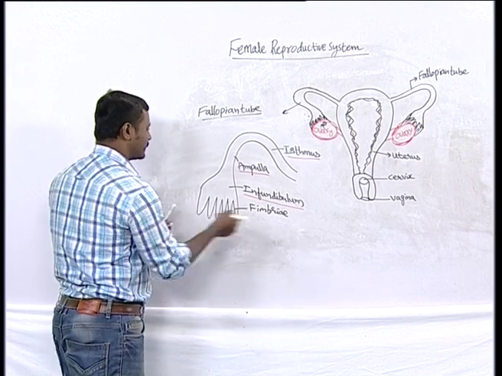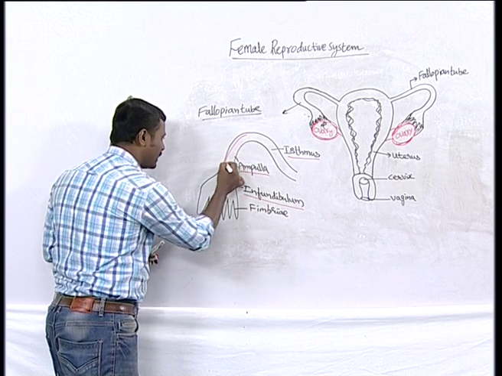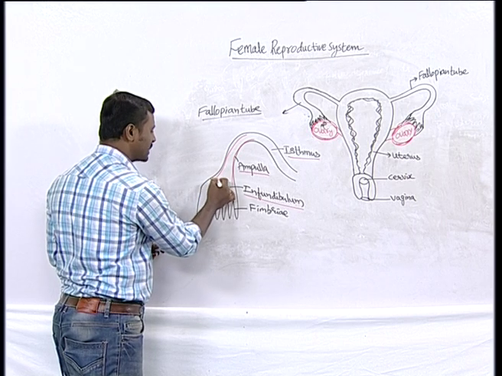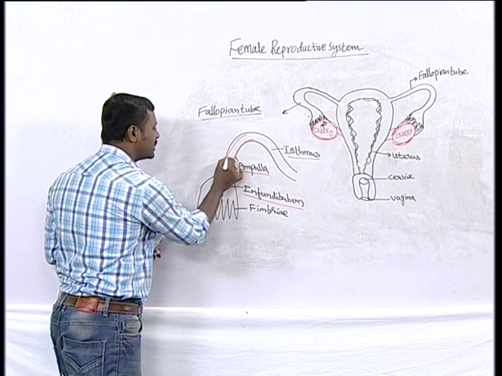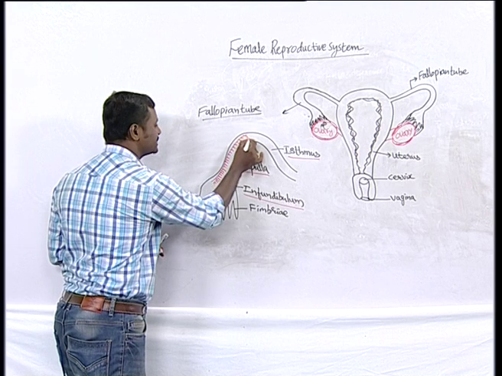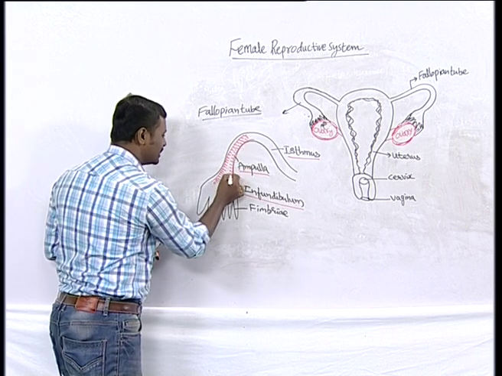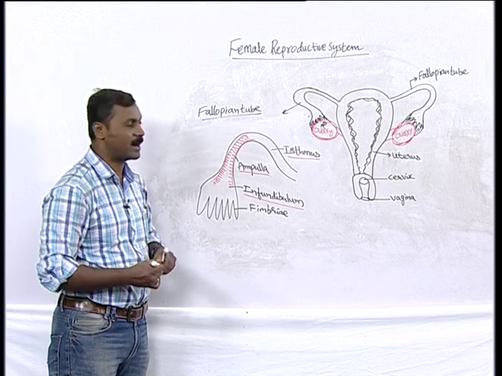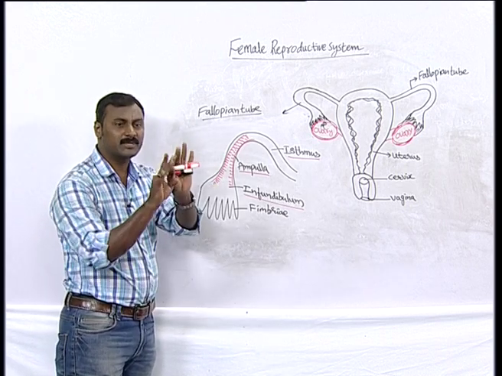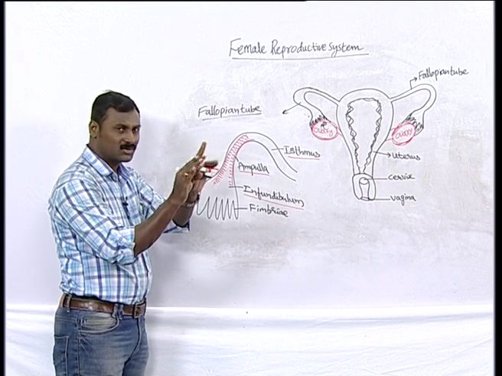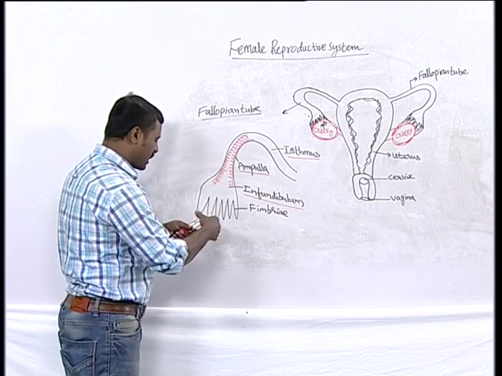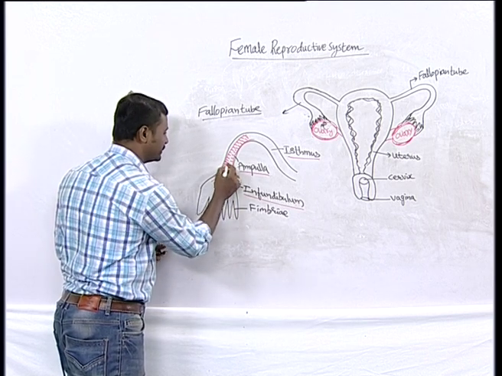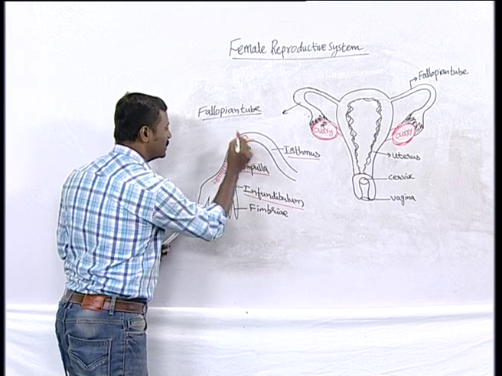The finger-like structures are called fimbriae, and the infundibulum is very important to receive the secondary oocyte. If you observe the lining, what is the specialty of this fallopian tube? Inside you can see ciliated columnar epithelium. Very important point: the cilia will move like this, and the movement of the cilia pulls the secondary oocyte towards the ampulla.